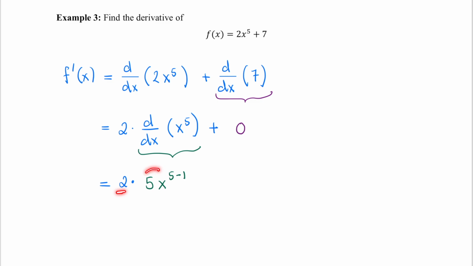So we have 2 times the derivative of x to the 5th, plus 0. 2 times 5 is 10, and 5 minus 1 is 4. And since adding 0 does not change anything, the final answer is 10 times x to the 4th. So my derivative is 10x to the 4th.